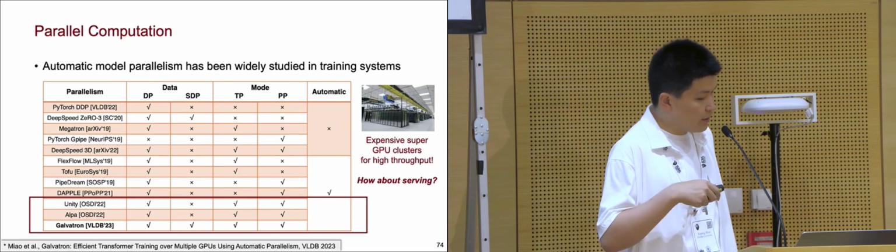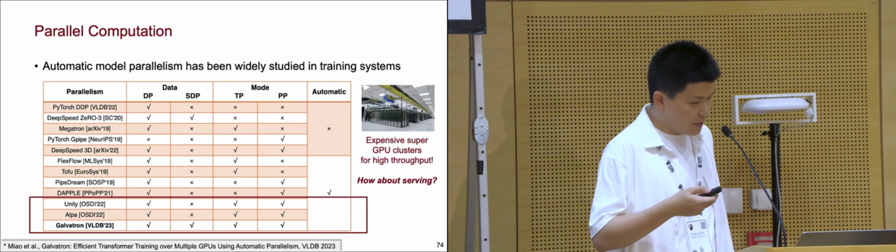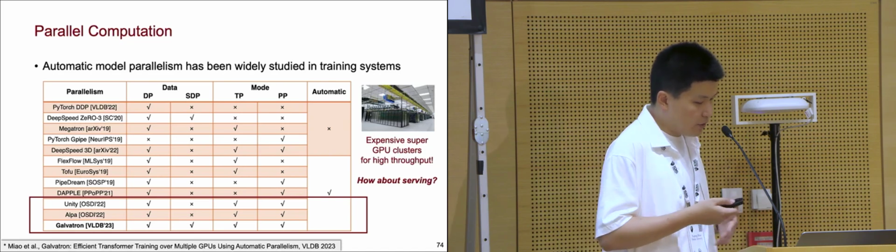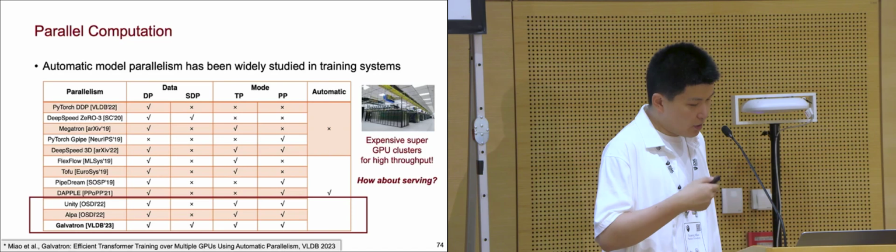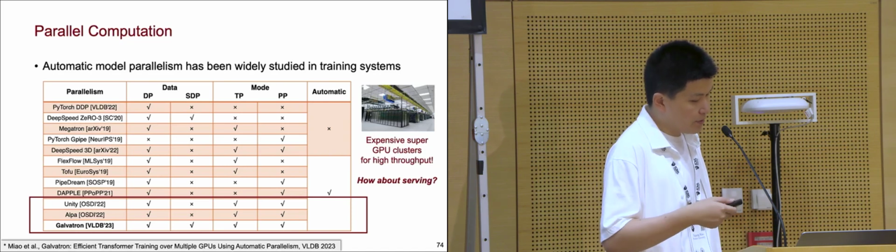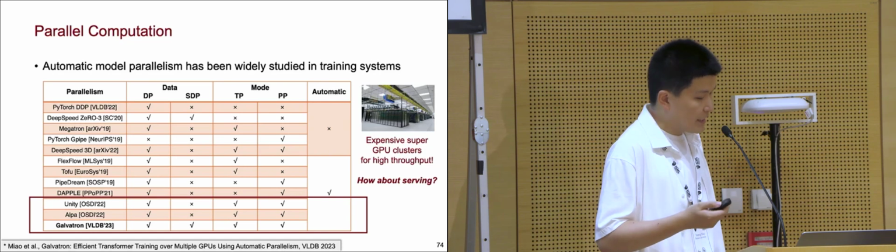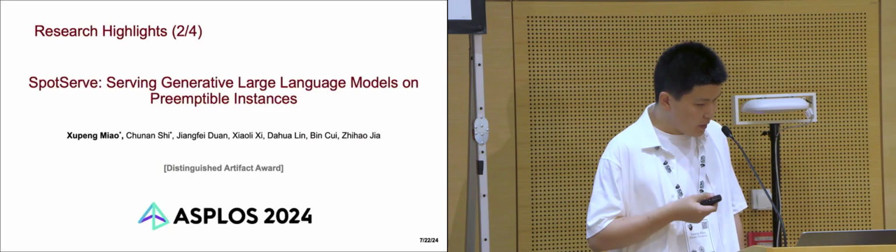Another important approach is called pipeline model parallelism. It will put the model layers in a sequence across multiple devices, and each device is responsible for a pipeline stage that consists of multiple consecutive model layers.